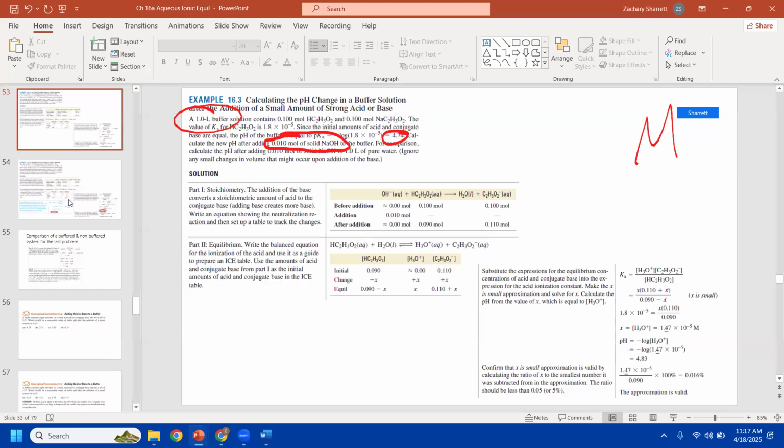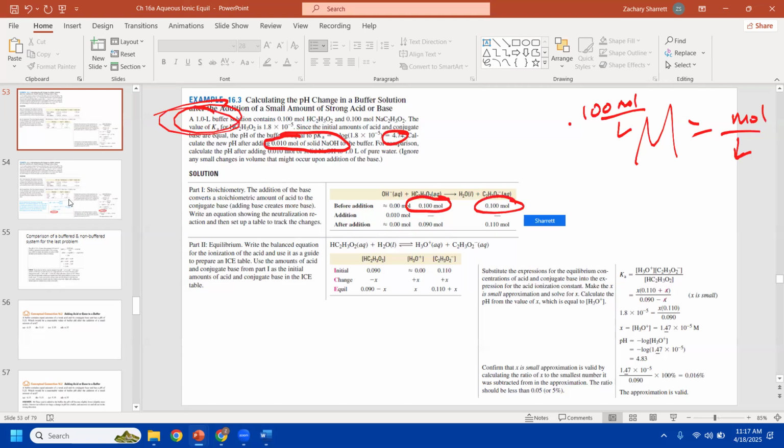When I write a capital M, what's the unit? Liters. Very good. If I have a 0.1 molar solution, that means I have 0.1 moles per liter. If I'm in 1 liter, we have 0.1 moles. So that's why they say we originally have 0.1 moles of acid and 0.1 moles of base.